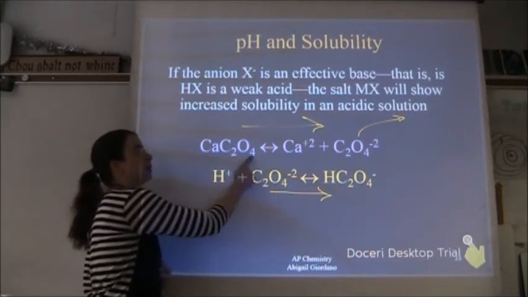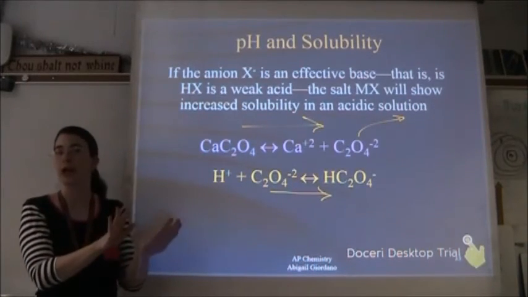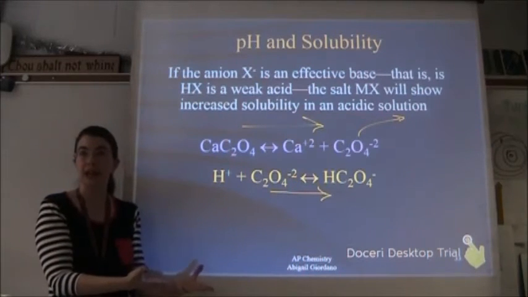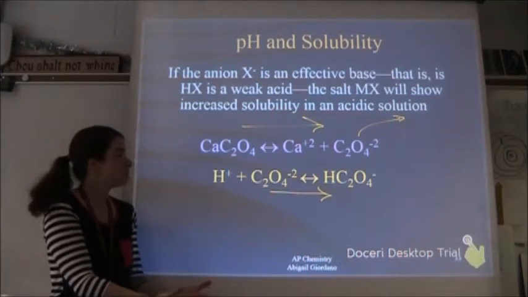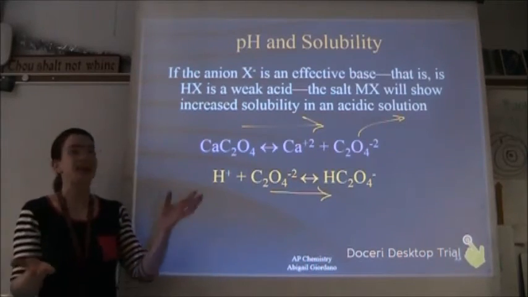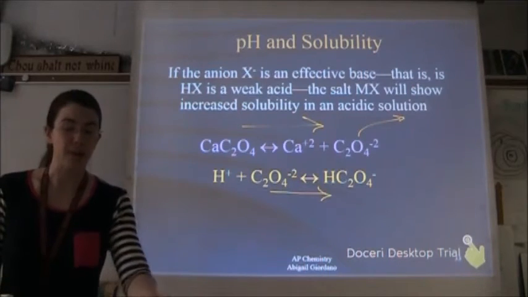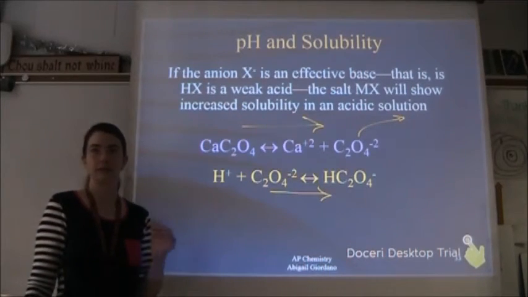You could say it one of two ways. You could either say it has improved solubility in an acidic environment, or you could say its solubility is affected by the pH of its environment.